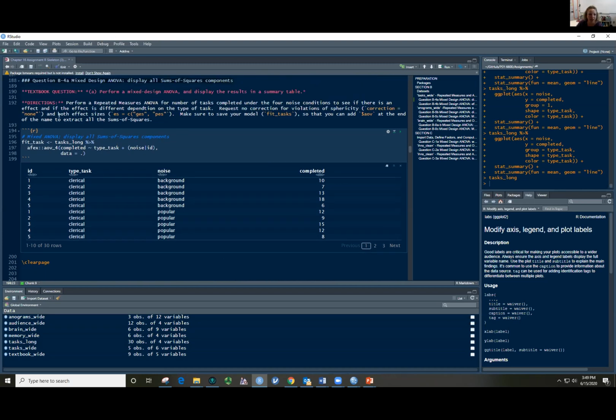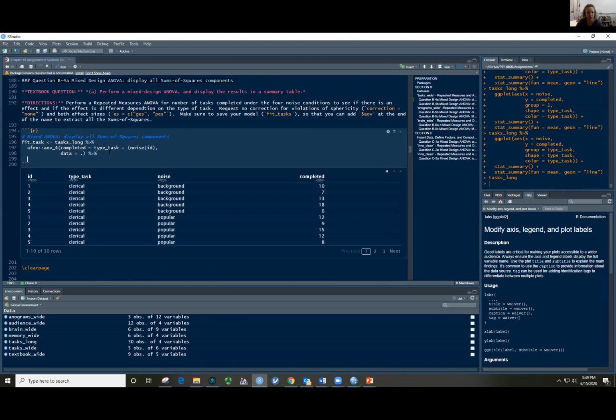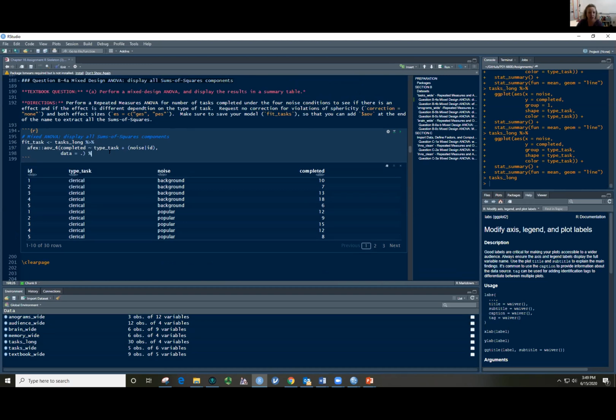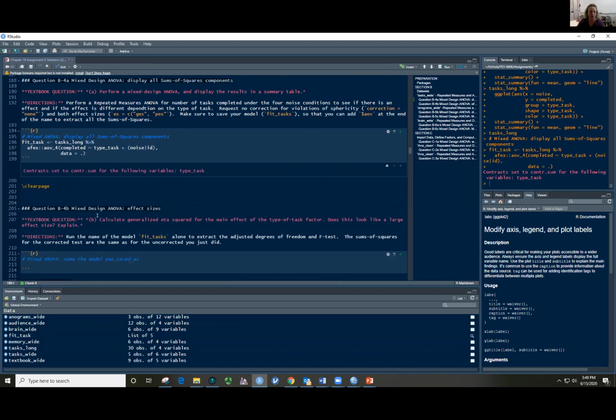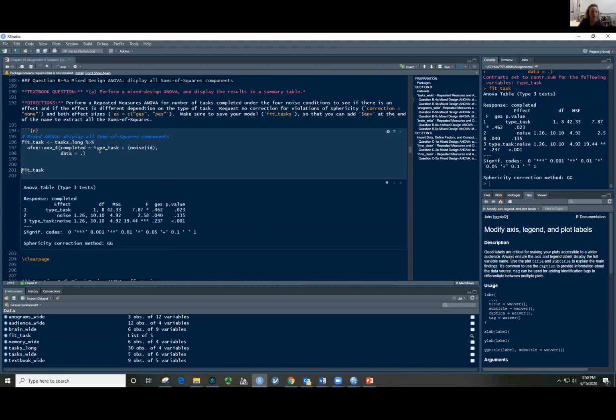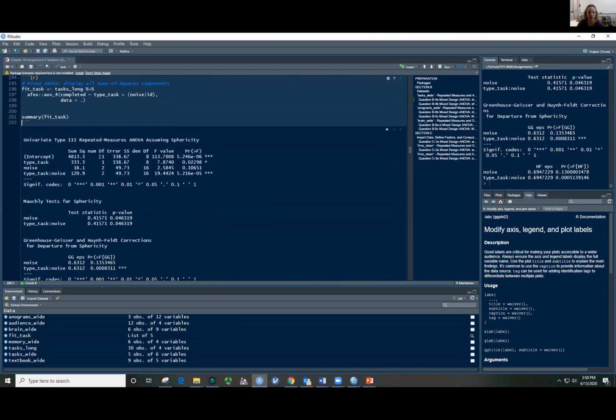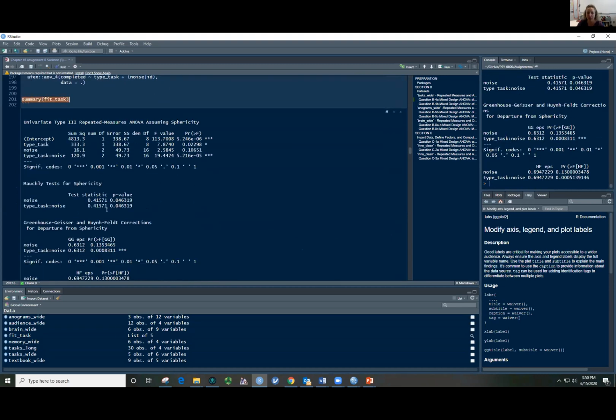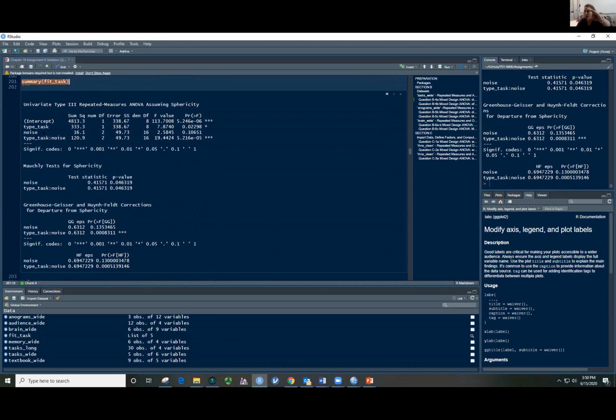Okay, now up in here it says some other information. I want to show you, if I do summary, I'm just going to do this much, and then I'm going to do the name of the model in the same chunk. I want to show you, no, summary. So when you do summary of the model name, that gives you the three parts of the output: the univariate tests assuming sphericity and then Mauchly's test of sphericity.